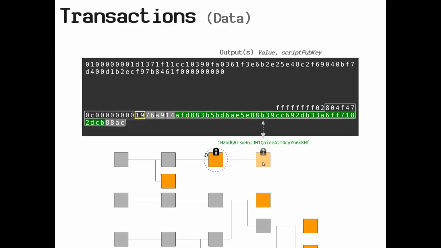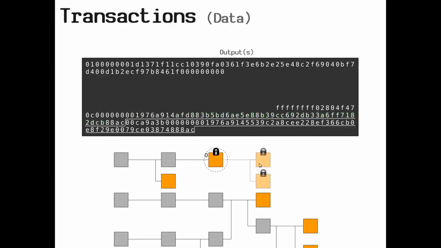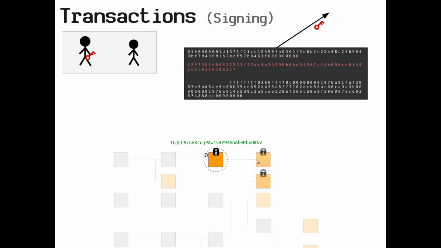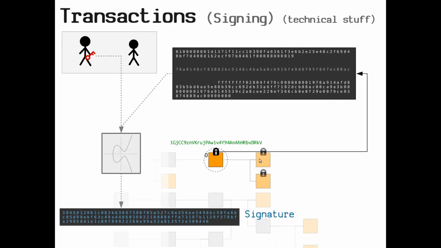Correct. So for example, let's say you want to spend this input. So let's say we are spending this input here. The placeholder is the code inside this lock. Code inside that lock. Okay.